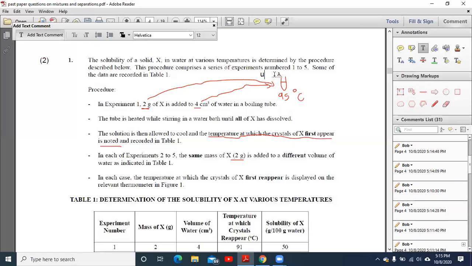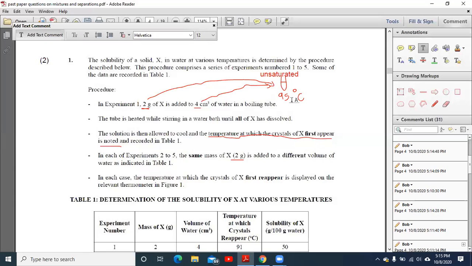That solution that we have here is unsaturated at this particular temperature.